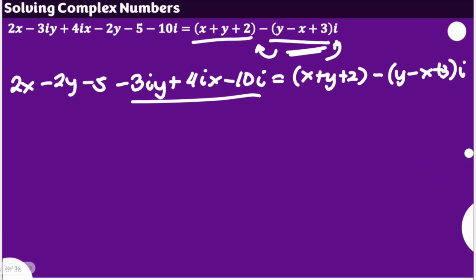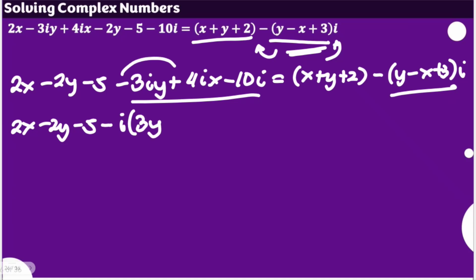Allow me to factor i here to be similar to that. I have here 2x minus 2y minus 5. Since the operation is minus, let me just simply factor i. And what happens here is 3y. Since I factored out a negative, this will become minus 4x.